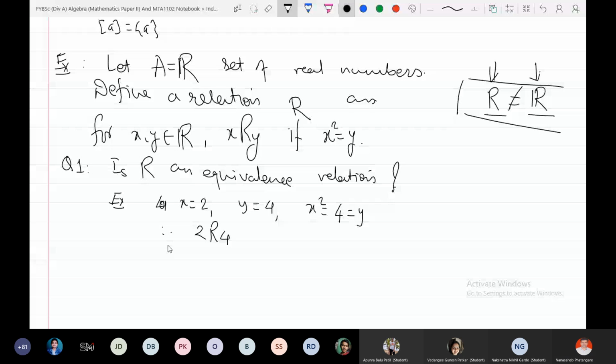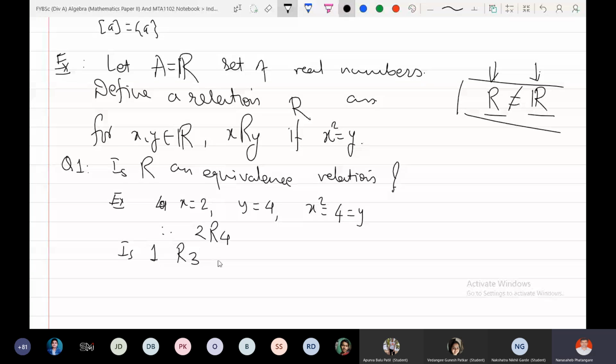Now these are two elements that are related: if the second element is the square of the first element, then x is related to y. Now is 1 related to 3? Is it true?